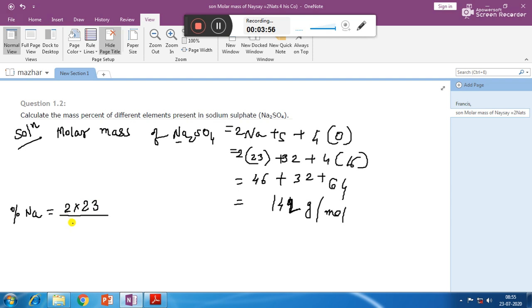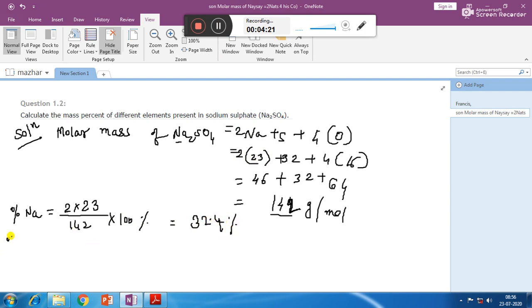And in the denominator we have to take the molar mass of sodium sulfate, that is 142, into 100%. So when you calculate this, your final answer will be 32.4%. That is the percentage of sodium.